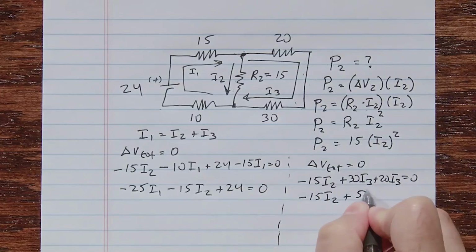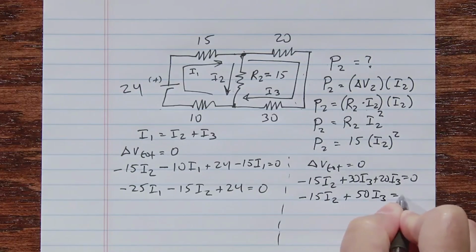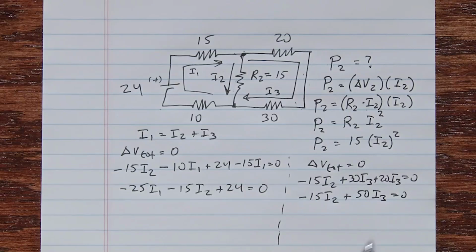That gives me 50 I3 is equal to 0. And I won't add anything to this equation right here until I get this equation over here.